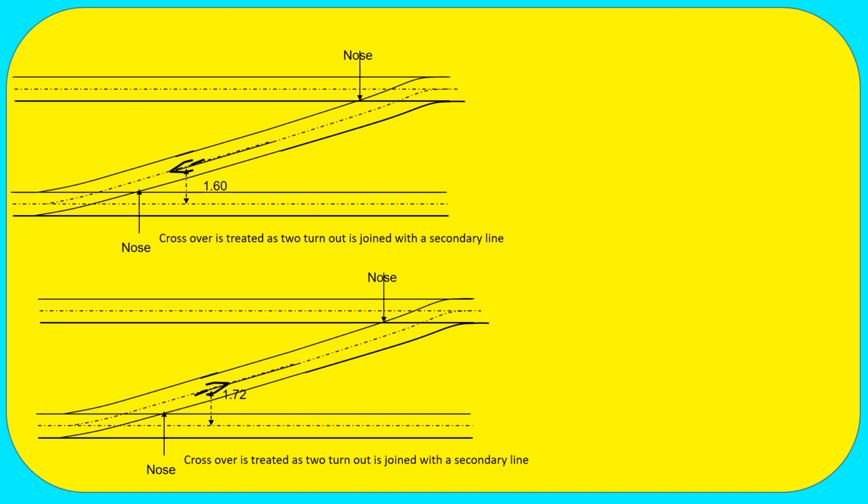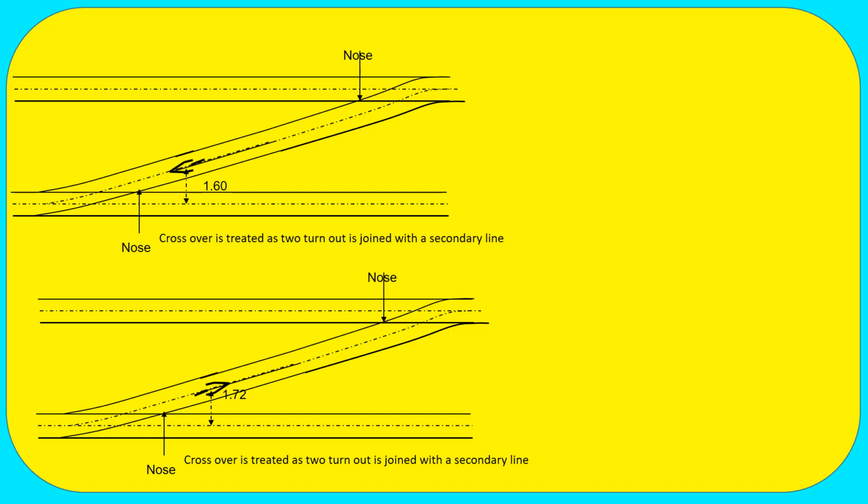What should be provided? Track center of the section must be 1.60. Do not make it less than this value. Then problem will come. What problem? 1.60 is the minimum.